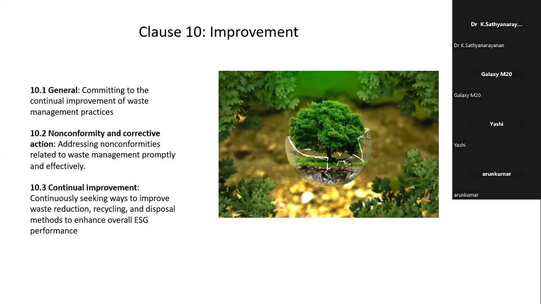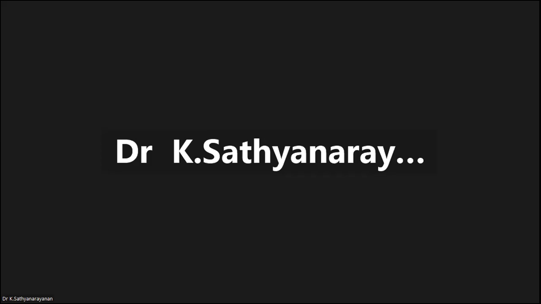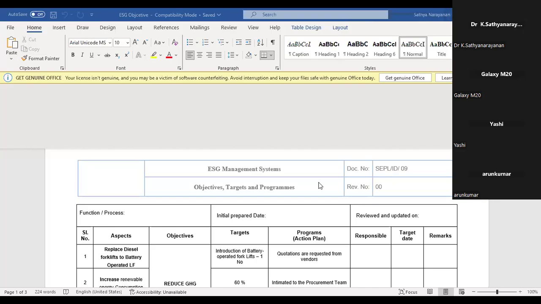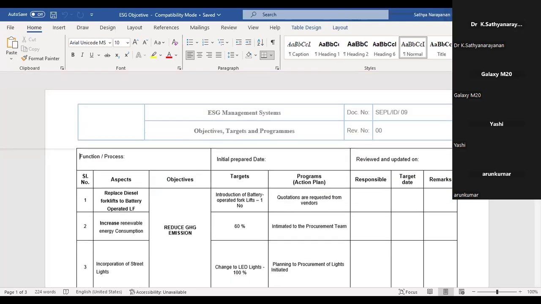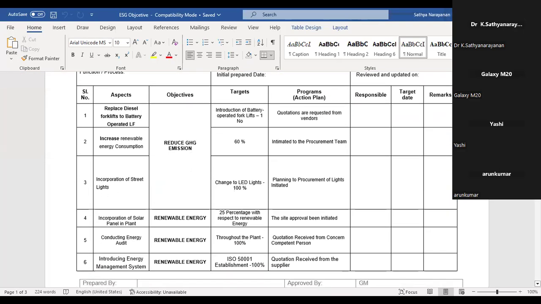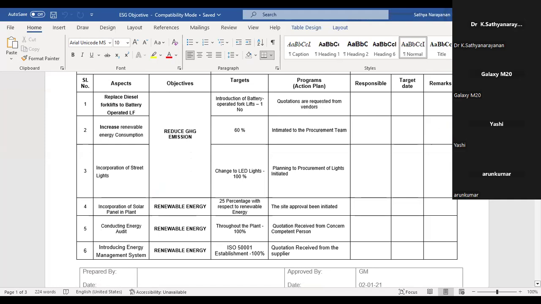So as I promised you, I can show you one of the basic parameters, which you can also use for your organization. This is the overall objective.